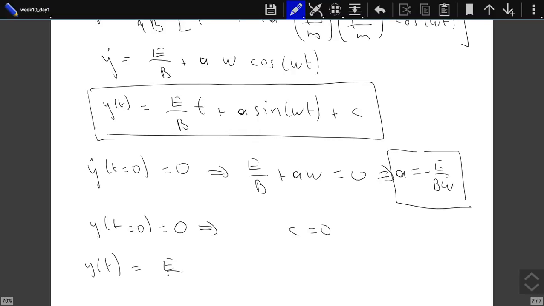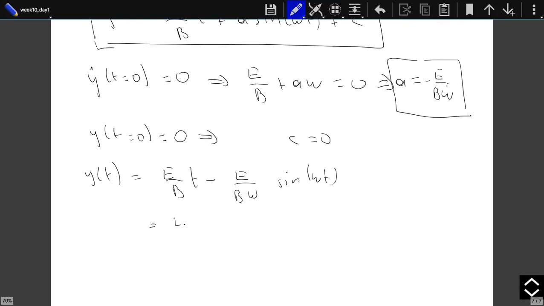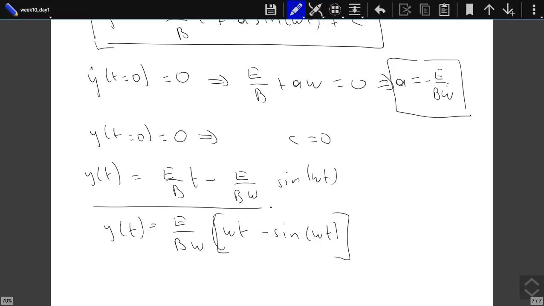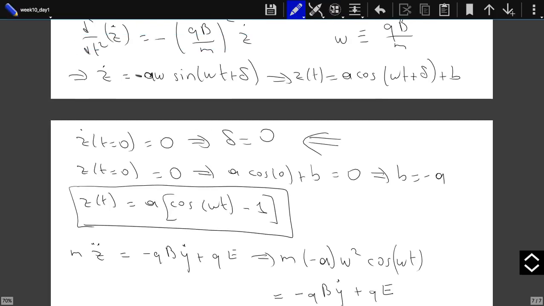So y of t should be equal to E over B times t minus E over B omega times sine omega t, or E over B omega times t minus sine omega t. This is our y of t. And we also have the z of t.